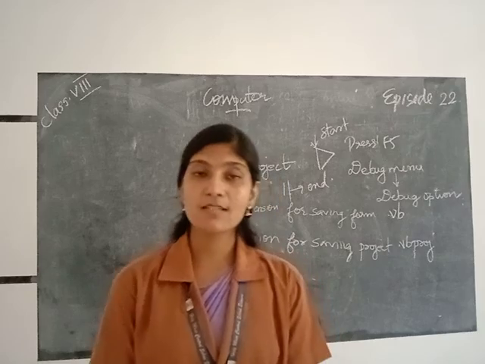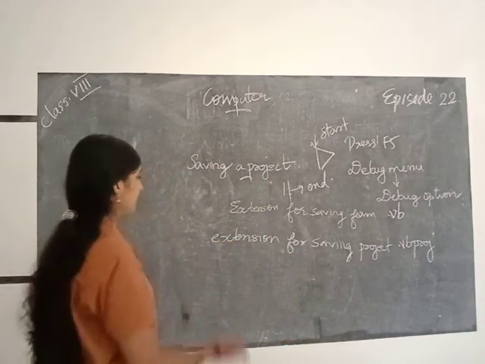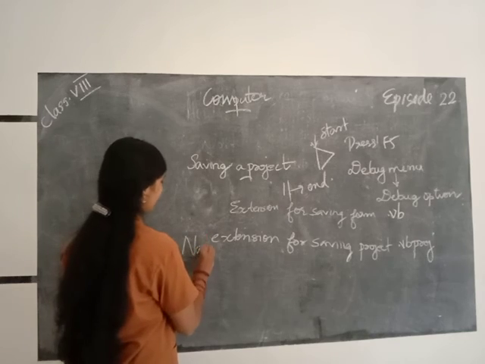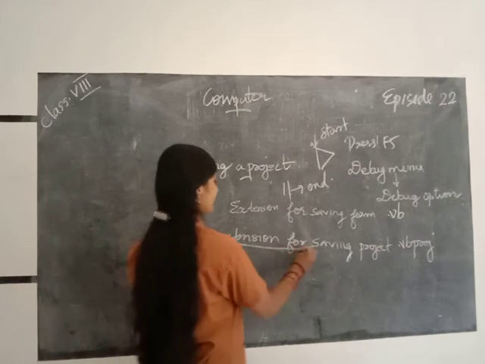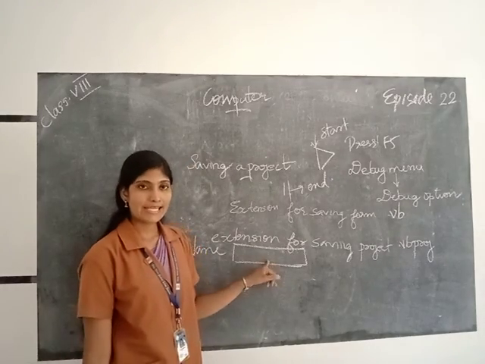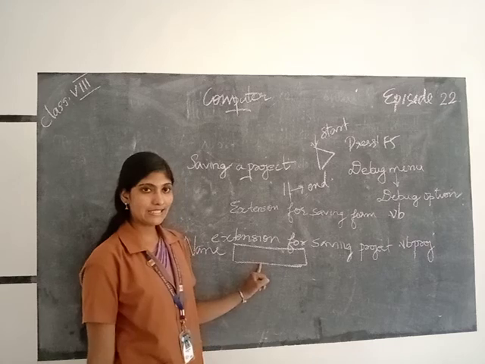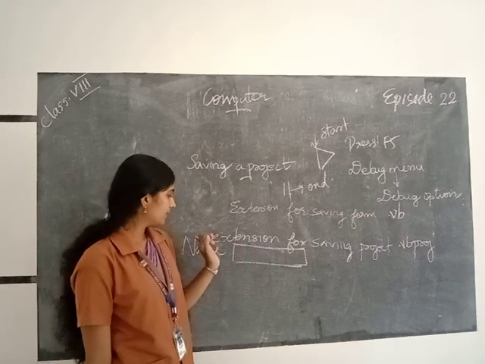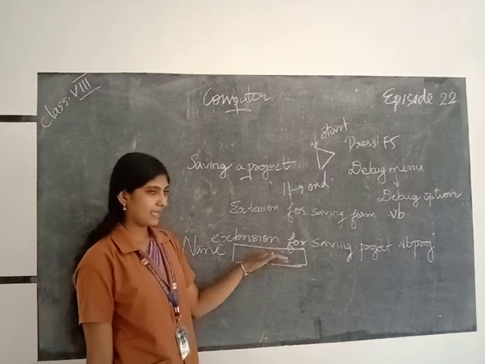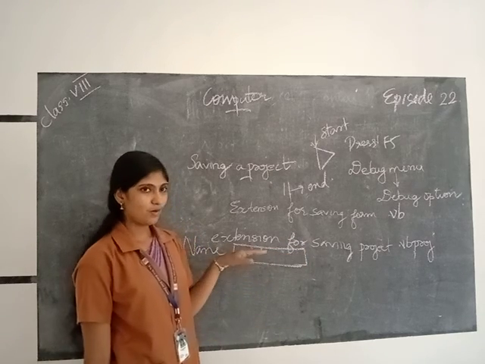Next one is text box control. Text box means, for example, name. And here we can insert a text box. That means the user can enter the name in this area. That is a text box.